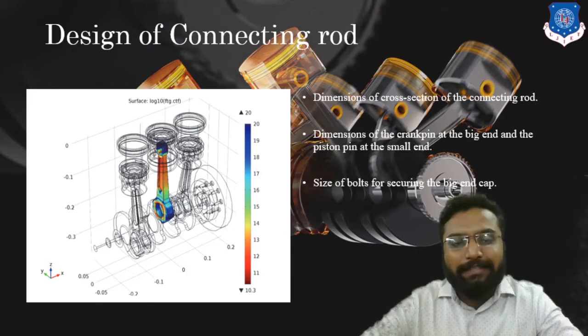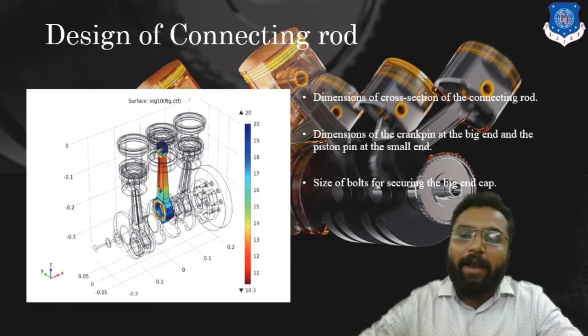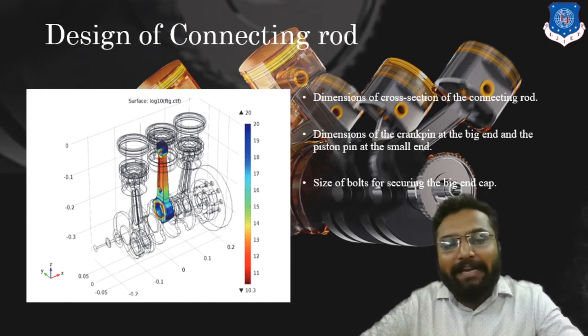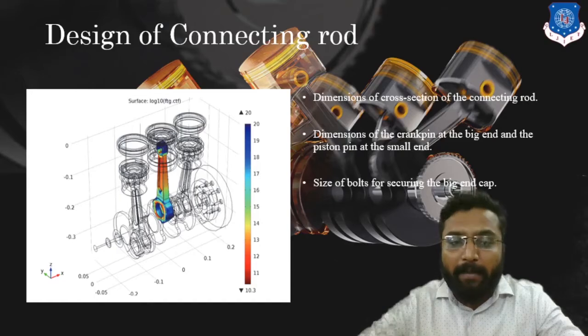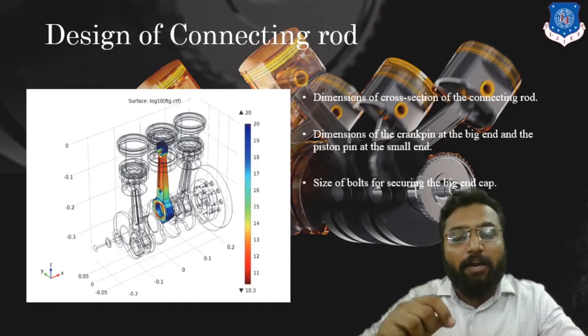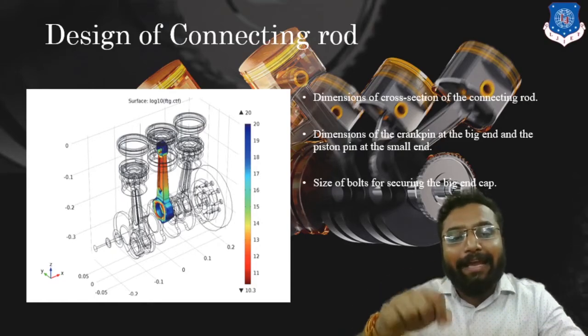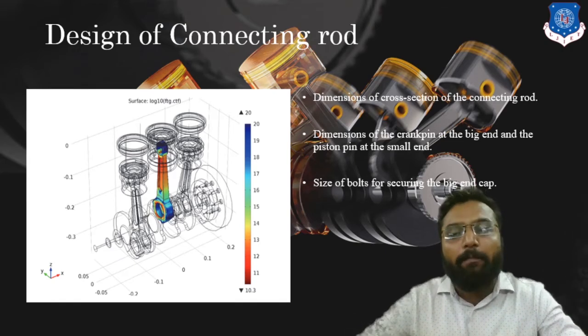It will come across a shearing stress due to the motion of both of these two components. Clear? And the big end cap comes under bending stress due to the peripheral area of our crankshaft. So our big end cap will be considered as a simply supported beam which is centrally loaded by the crankshaft and supported at the ends with the help of bolts.